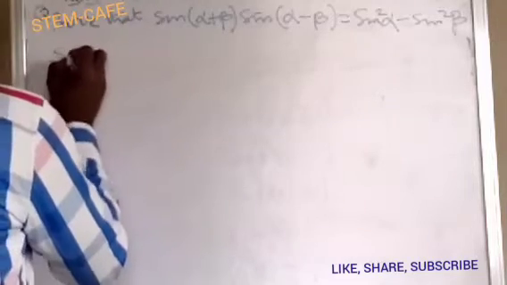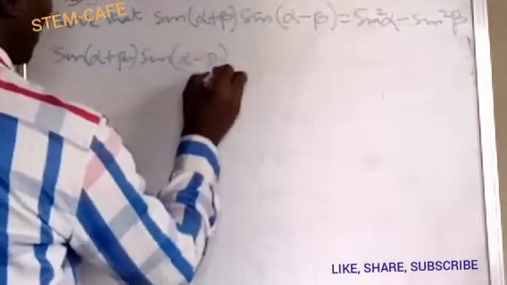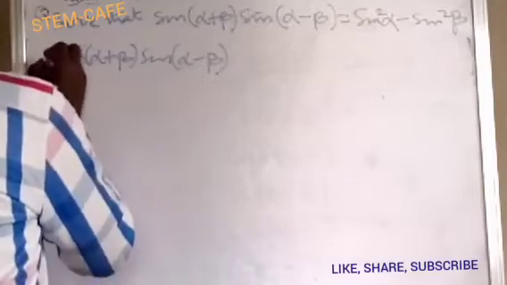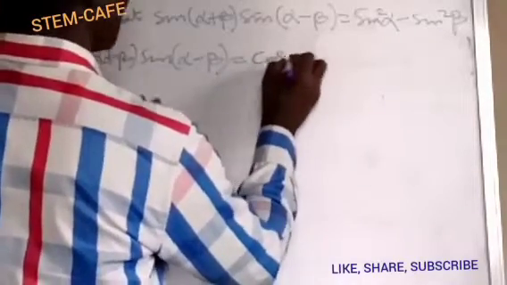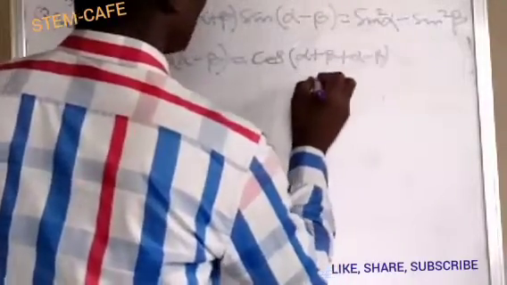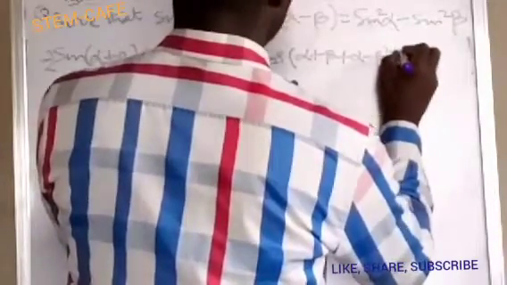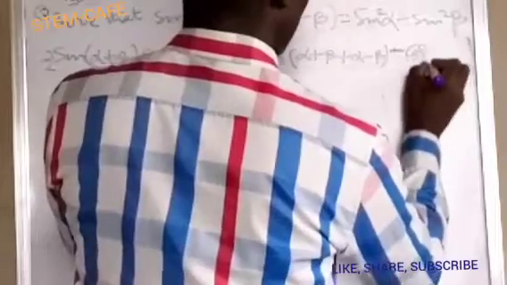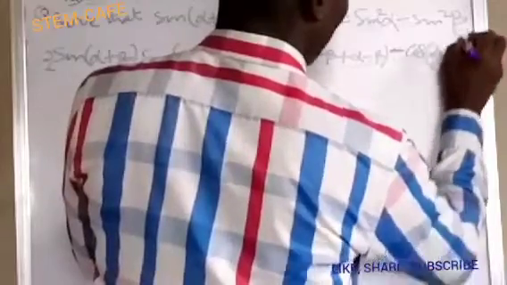Now I have sine alpha plus beta, sine alpha minus beta, minus 2 here will give me cos alpha plus beta plus alpha minus beta, plus minus cos alpha plus beta minus alpha minus beta, all over 2.